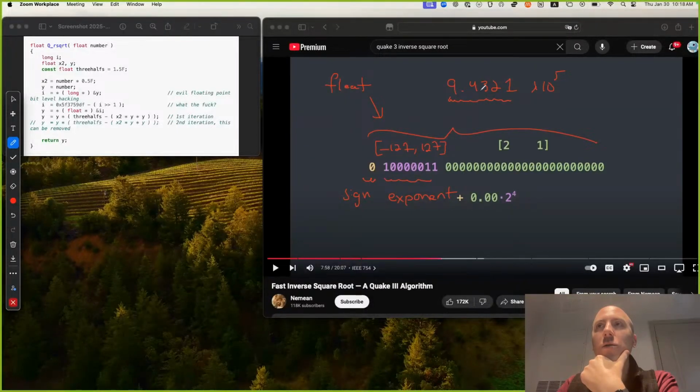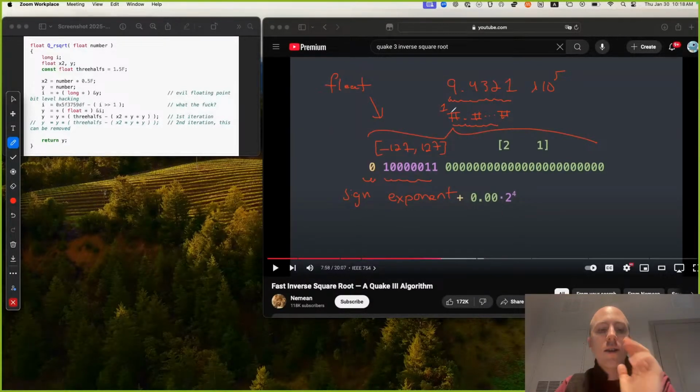Your number is always in the form of a number followed by a decimal, followed by some more numbers, and that's it.